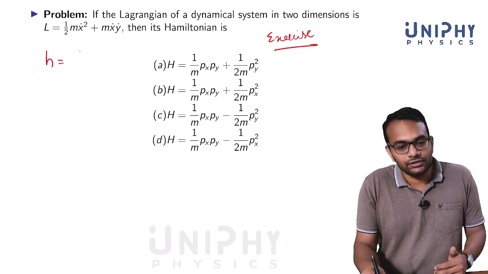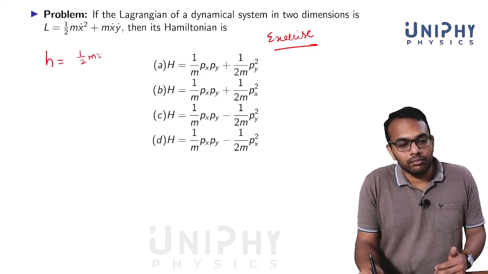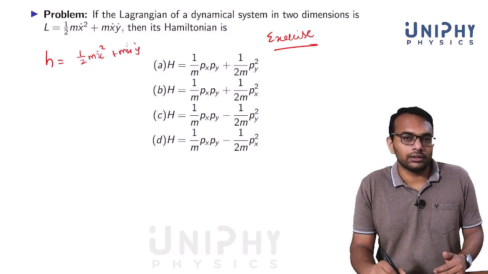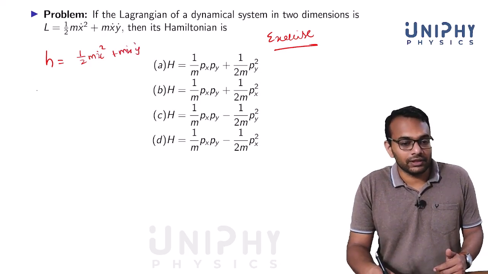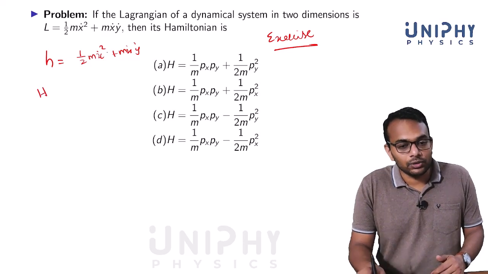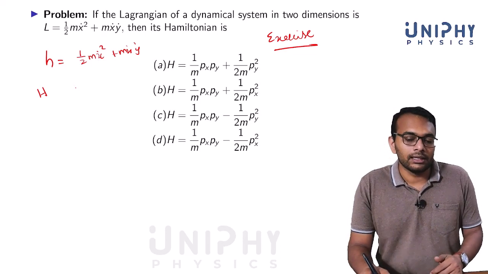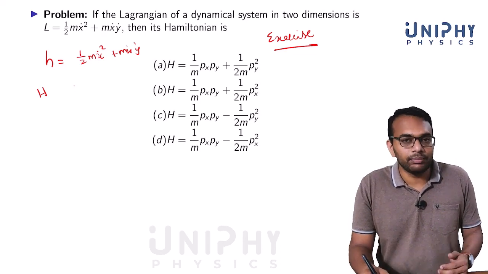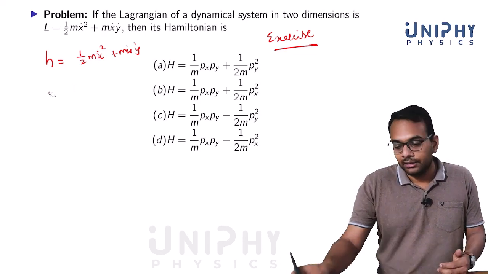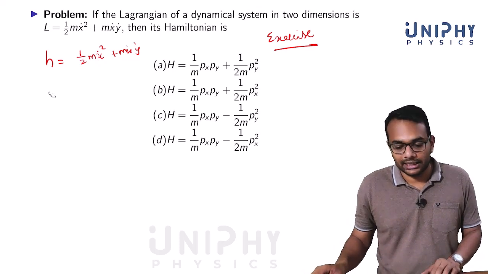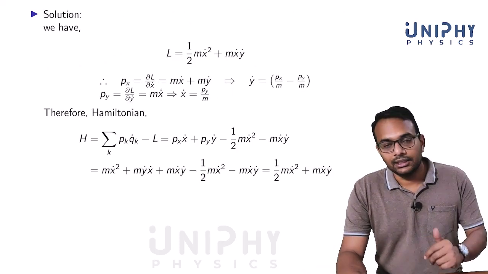You can write the H function as half m x dot square plus m x dot y dot. In order to find the Hamiltonian, you should get rid of x dot and y dot in favor of px and py. For that you have to find px and py from the Lagrangian, which is easy. You can try to do that.